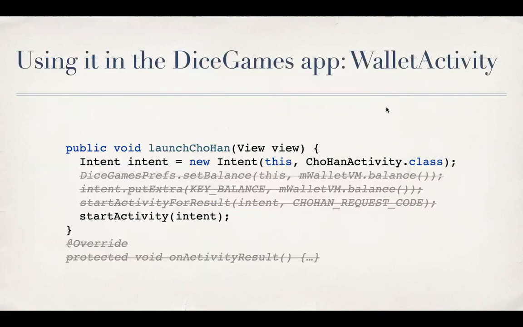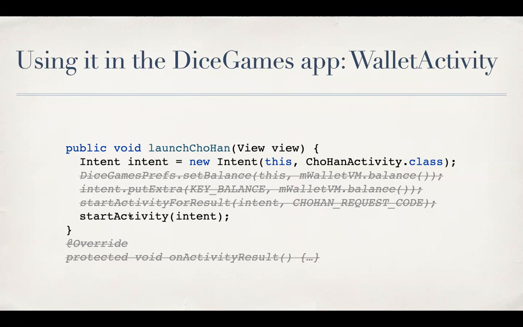Okay, so remember what we are doing. We are launching the show hand activity when the user clicks the show hand button, and we are passing the balance on the intent to the show hand activity. Now we no longer need that. Neither do we need to get back the balance when we return from the show hand activity. So all of that is gone.